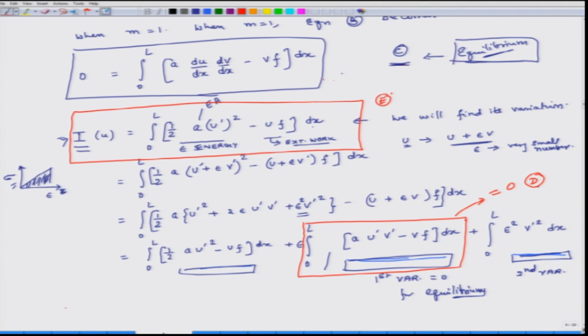Okay. So, I can write that E is a quadratic functional of C.